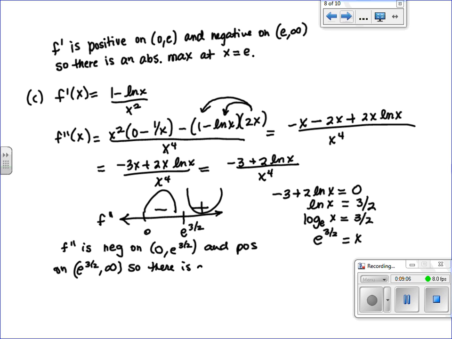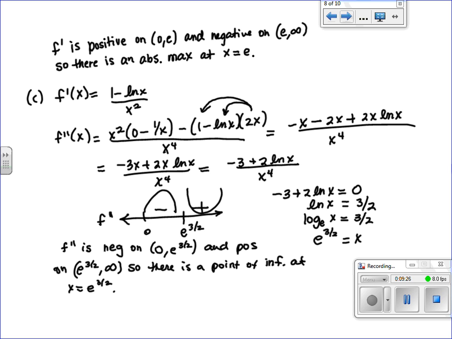So there is a point of inflection at x equals e to the 3 over 2. Now notice they didn't actually ask for the actual point, they just said find the x-coordinate of the point of inflection. That's all you need.